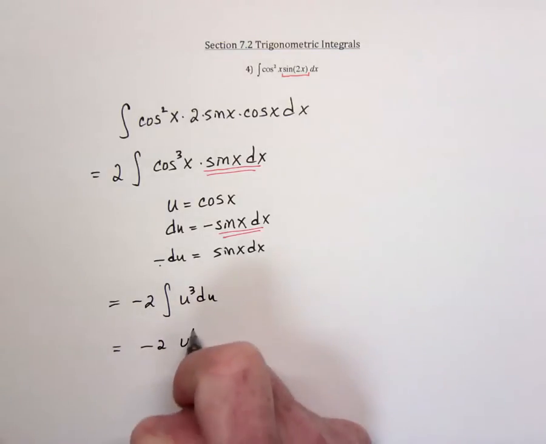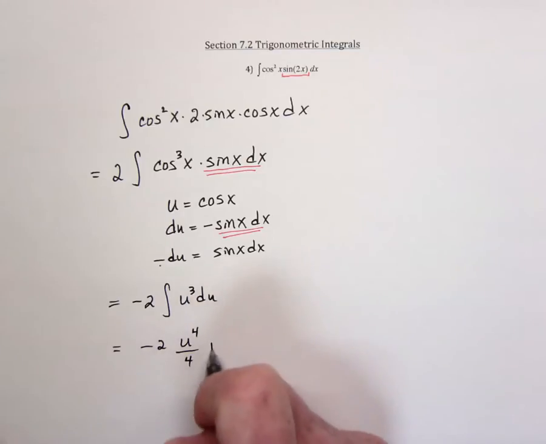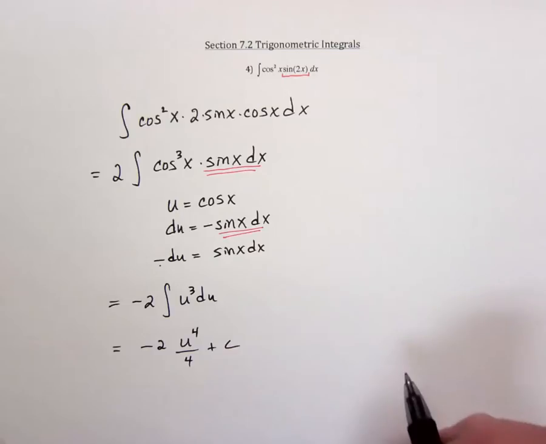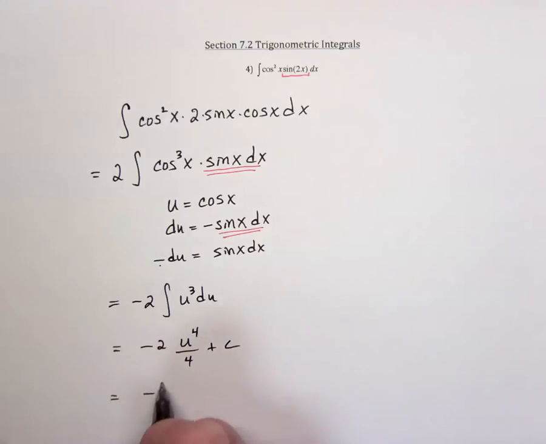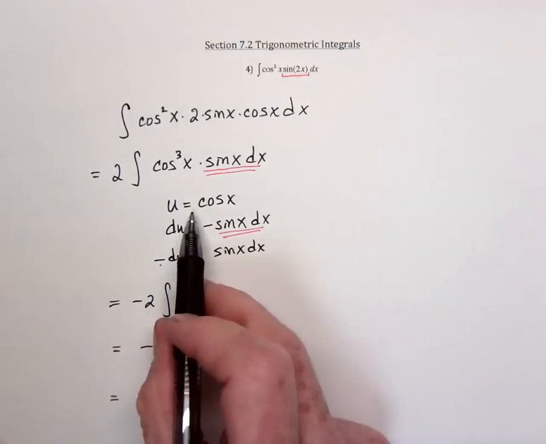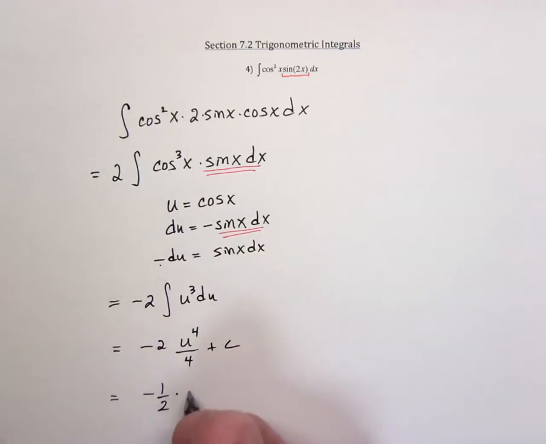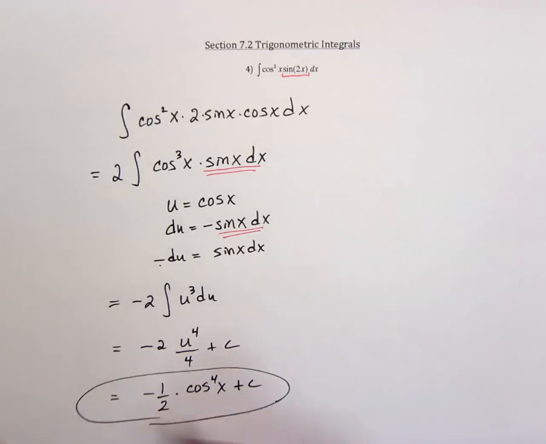It's going to become u to the 4 over 4, and then finally replace u and reduce the fraction, and we would have negative 1/2, and then the u is equal to cosine, so it's going to be cosine to the 4th plus a C at the end. Got the fraction reduced, so that should be it.